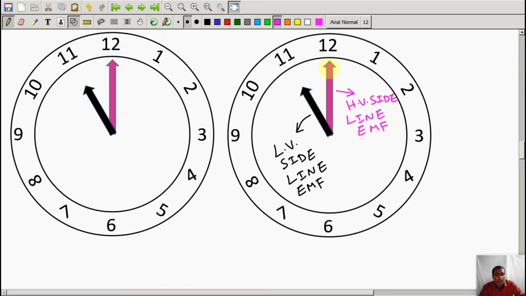Further, as I mentioned earlier, and again I am mentioning, the minute hand is always fixed. It is not free to rotate, fixed at the 12 o'clock position.